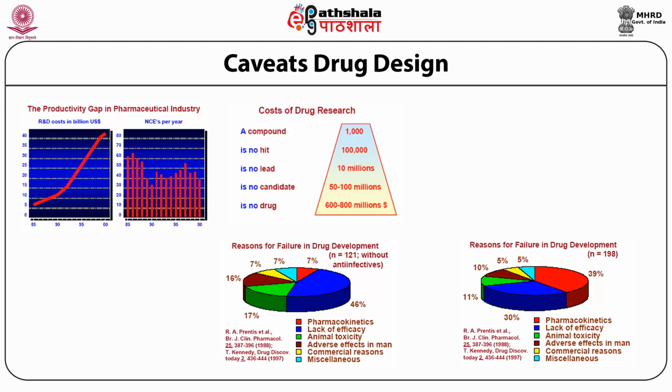If we expand from anti-infectious disease to all drug development, in the paper cited, from which the plots are taken, you would see that the maximum failure consists of lack of efficacy once more and pharmacokinetics.